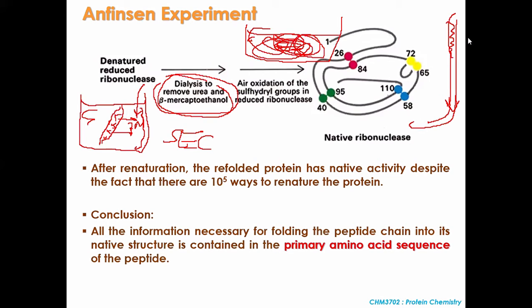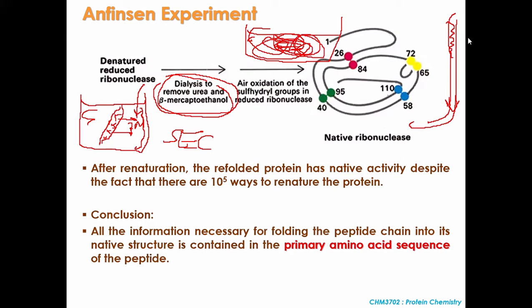All right. Okay. So go back to this experiment. What he found out, after removing all urea and beta mercaptoethanol, and he did oxidation to create the disulfide bond back. Ini yang apa ujian 1 kan?